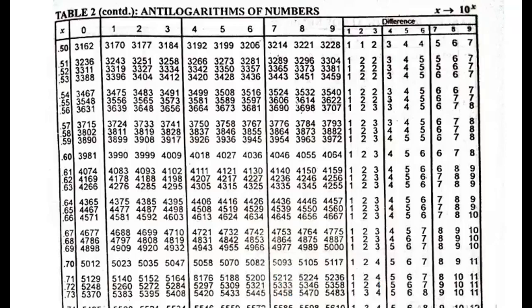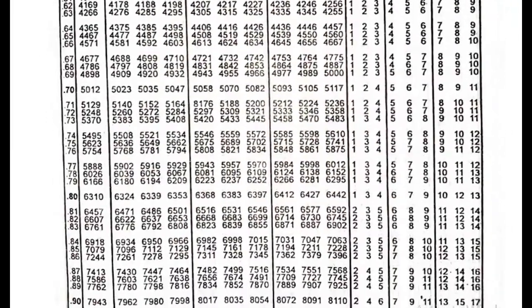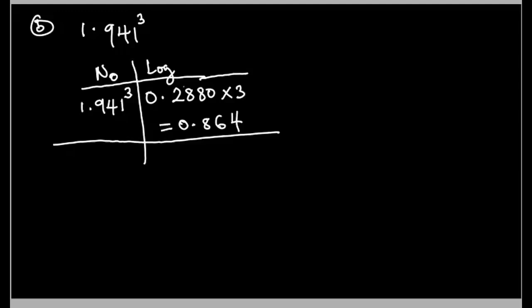So 0.86 under 4, this is under the anti-logarithm table. 0.86 under 0, 1, 2, 3, 4. Yes, 7311. So 0.86 under 4 is 7311.